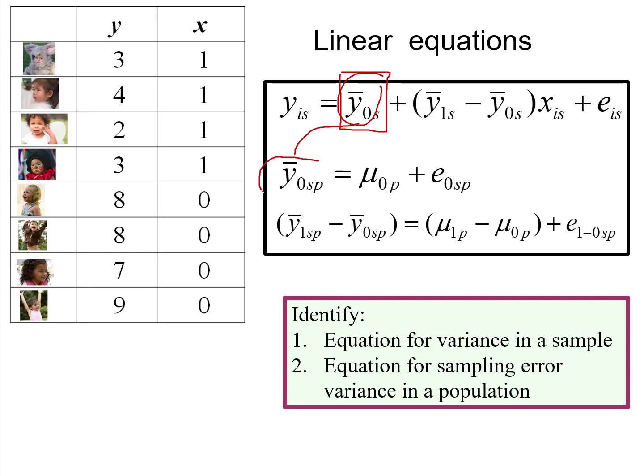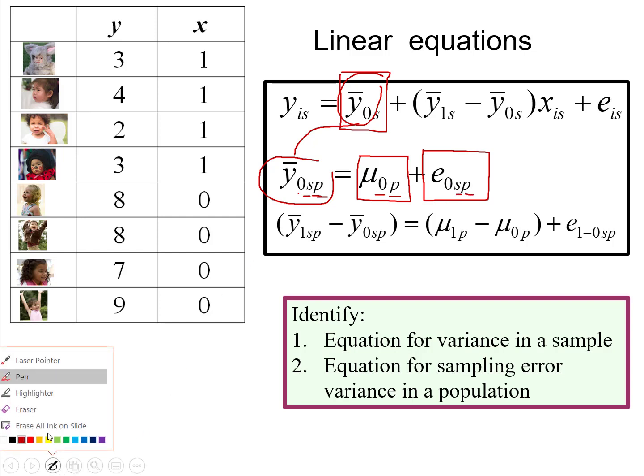And I'm going to say that the mean for group 0, y bar subscript 0, that's the mean for group 0, from sample S from population P. So y bar, the mean for group 0 from sample S from population P, is equal to the true population parameter, that is the true population mean, or mu, for group 0 from population P, plus the error for group 0 from sample S from population P.